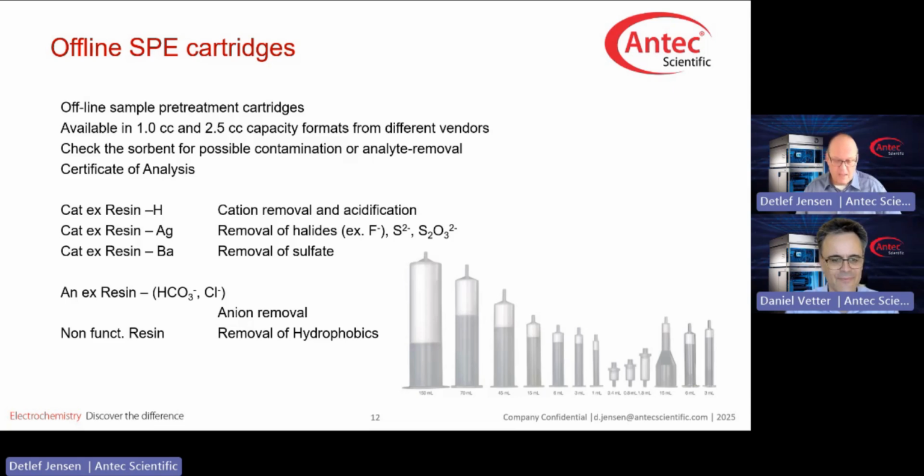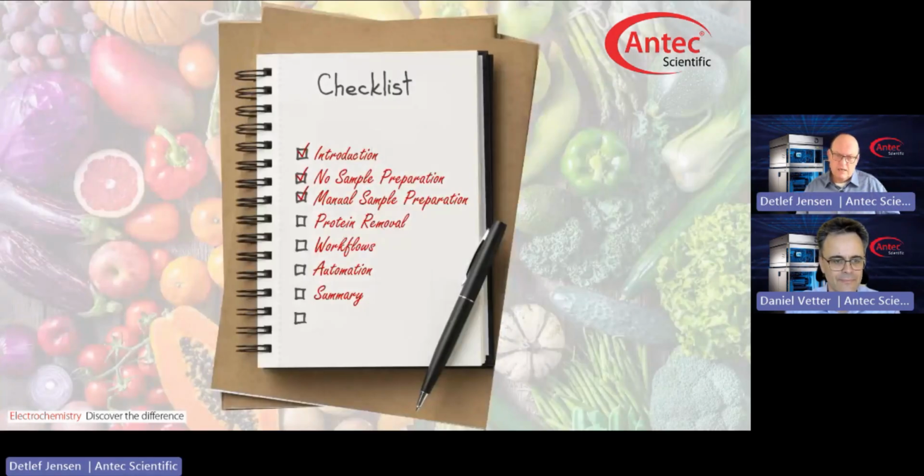Just ask us. So that was manual sample preparation, cartridges, and now the big enemy number one in carbohydrate analysis of food and beverage samples: proteins. For an analytical chemist, what is a protein? A protein is a long chain of amino acids.